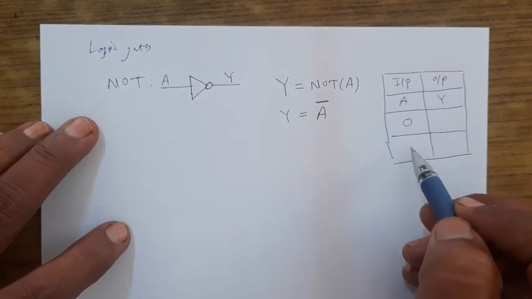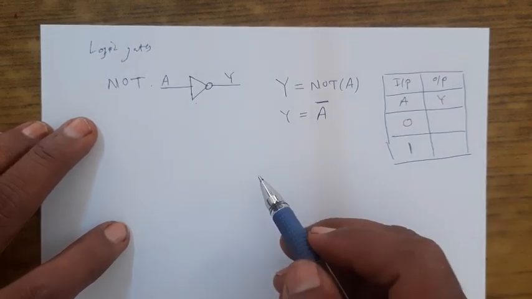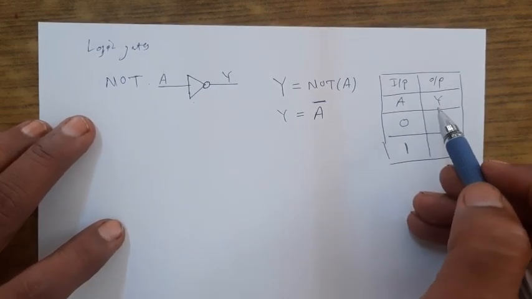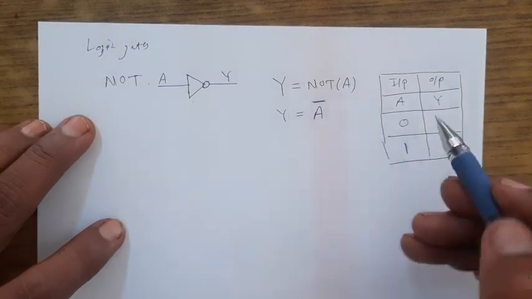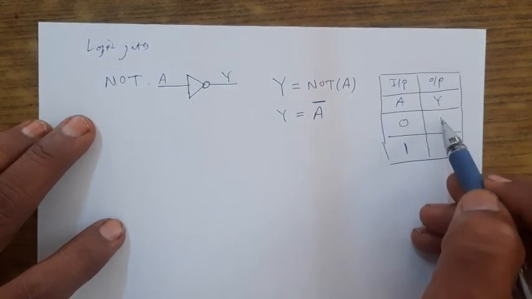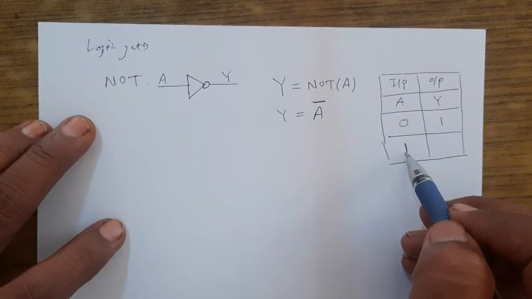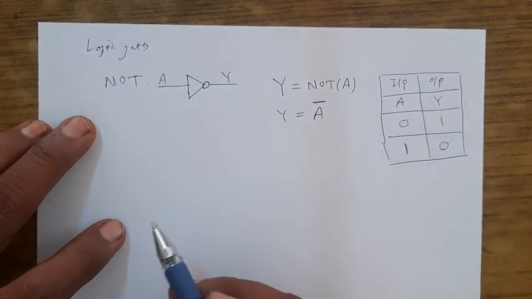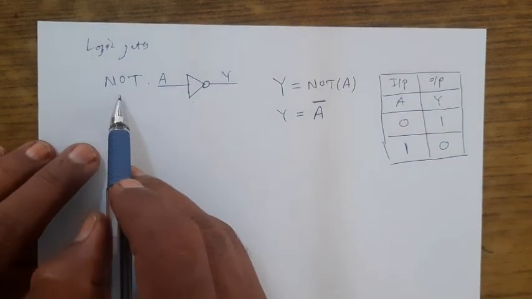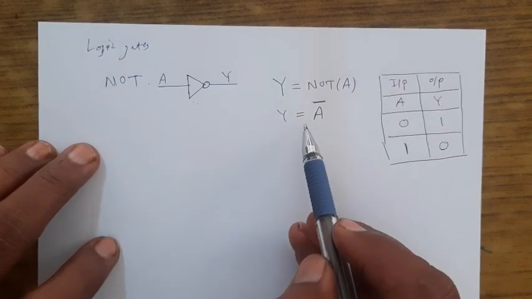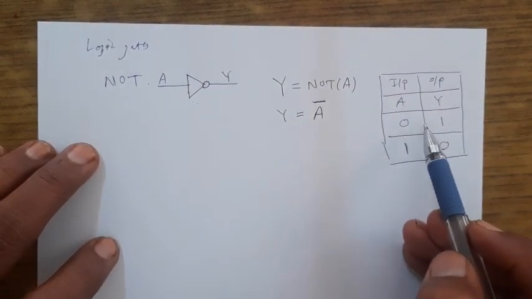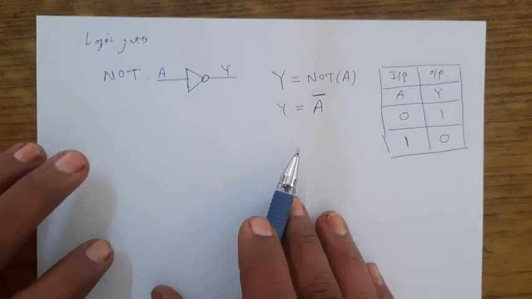Suppose the input is 0 or the input is 1. And what about the output? Output is not of A. That means if A is 0 then the output Y is 1, and if A is 1 then the output is 0. Therefore for NOT gate this is logic symbol, this is logic equation, and this is the truth table associated with the NOT gate.